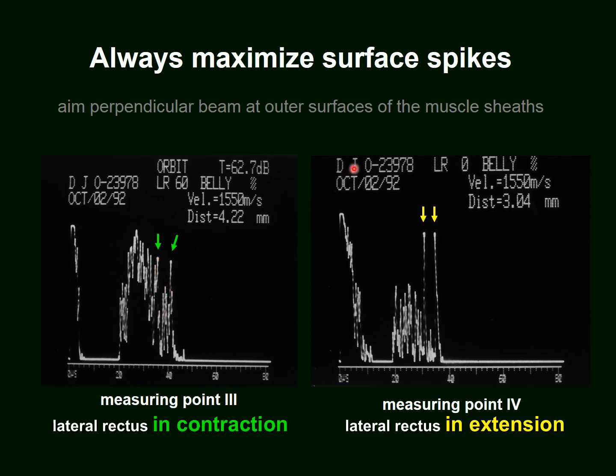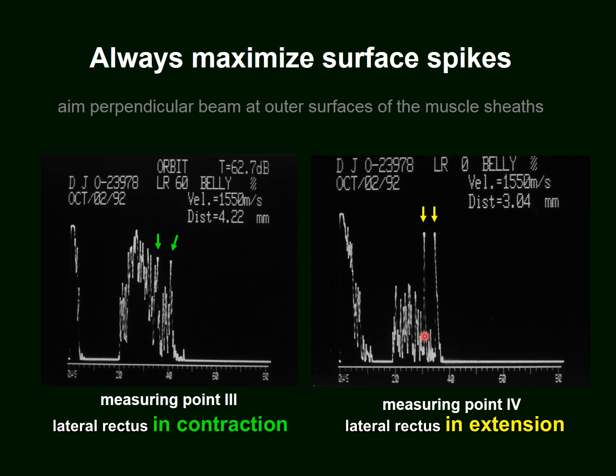And then we looked at the same muscle far posterior in the apex. There is more sound attenuation here. We come in more obliquely, and there has to be refraction to get perpendicular, and yet in this case the maximum surface signals were much higher than in the measuring point 4.